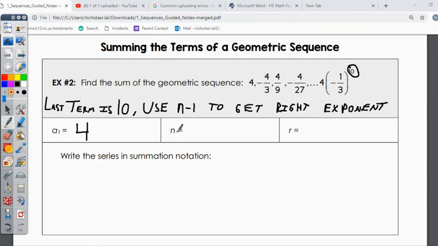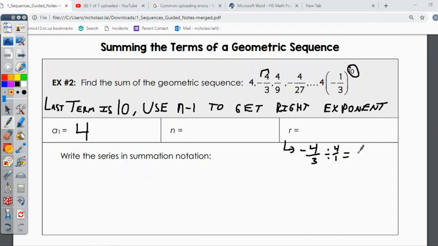To find our r value, we can just take any term and divide it by a previous term. So we could do negative 4/3 divided by 4 over 1, right?